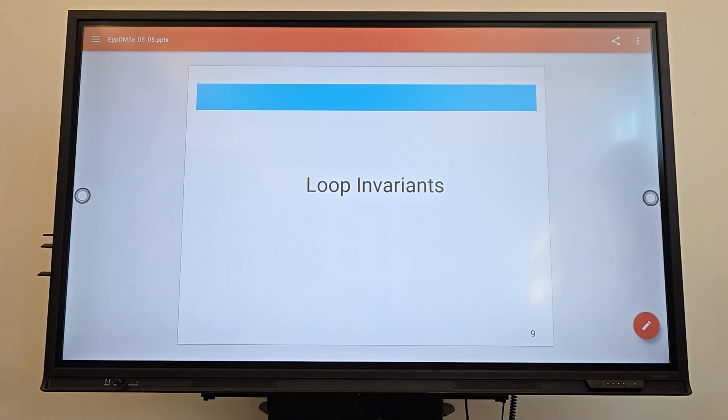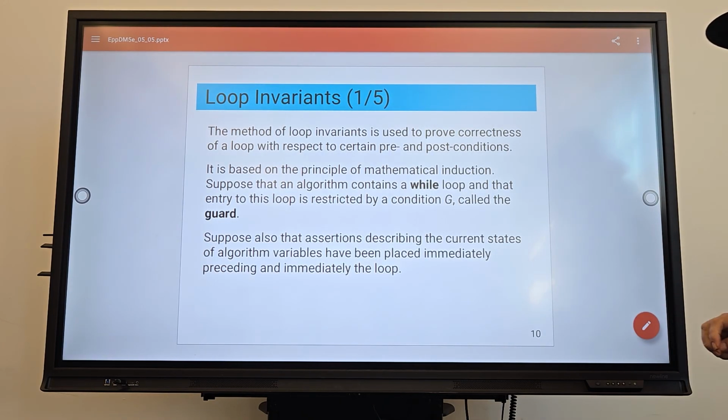Loop invariance. The method of loop invariance is used to prove correctness of a loop with respect to certain pre- and postconditions. It is based on the principle of mathematical induction.